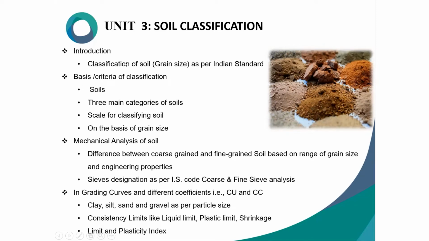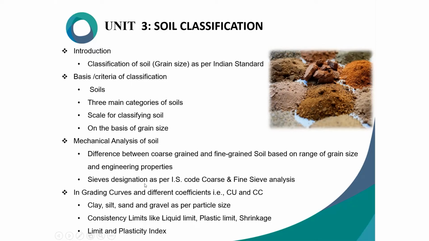So in this module, first you will study the classification of soil, the basic criteria of classification. Soil has three main categories: scale of classification on the basis of grain size, and mechanical analysis of soil, that is the difference between coarse-grained and fine-grained soil.